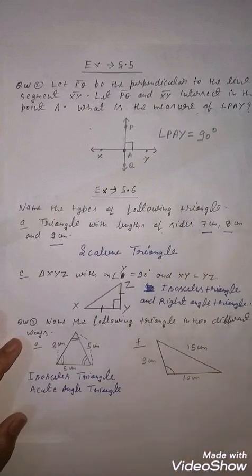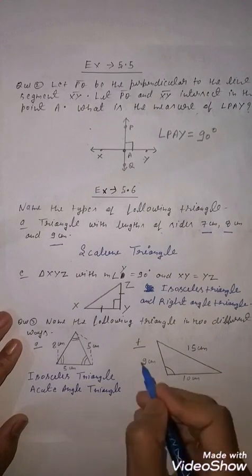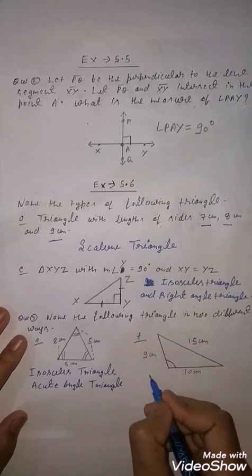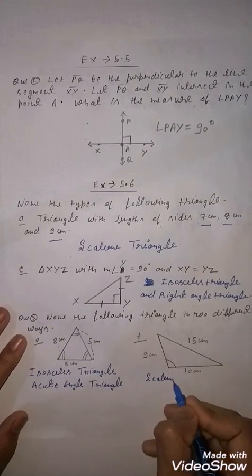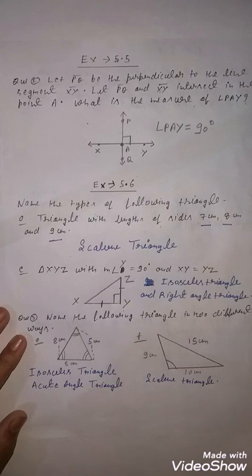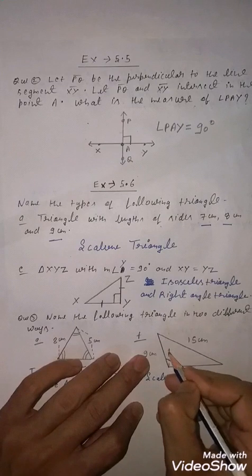Next thing, this one is, so on the basis of side, student, here 15, here 10 and here 9. On the basis of side, all sides are unequal length. You can write down what? Scalene triangle on the basis of side. Okay, if you want to make a 90 degree, so here anywhere go 90 degree line.